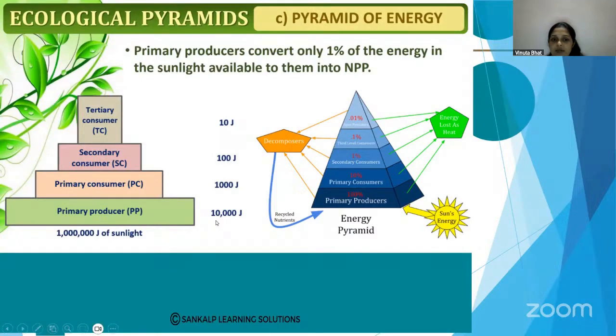You can see 10,000 joules, then 1,110 in the different trophic levels. Primary producers convert only 1% of the energy in sunlight available to them into net productivity, NPP. So this is the pyramid of energy.